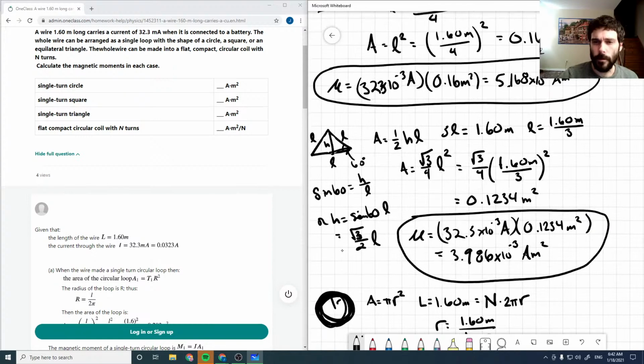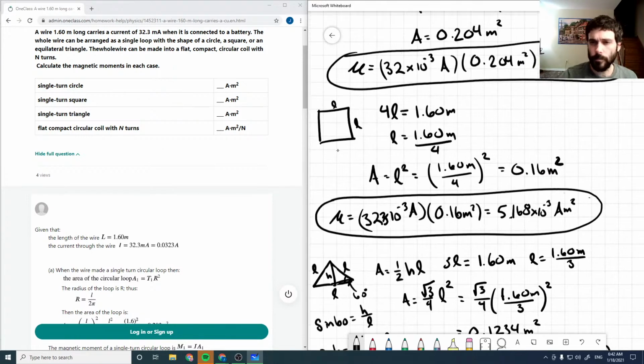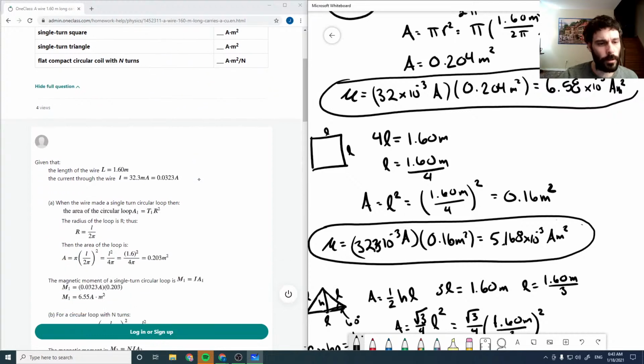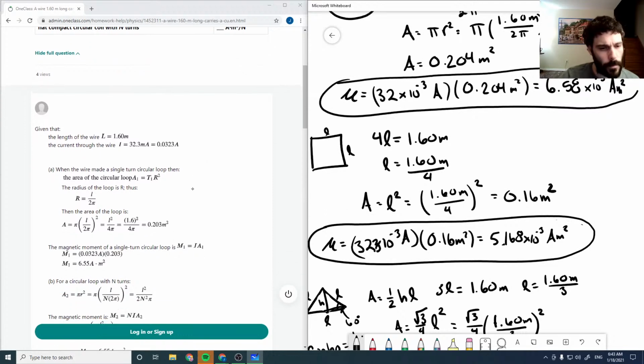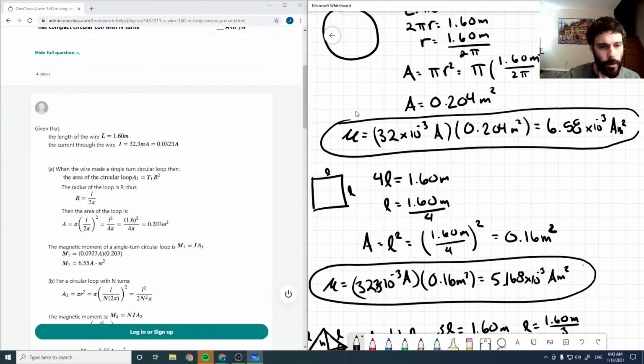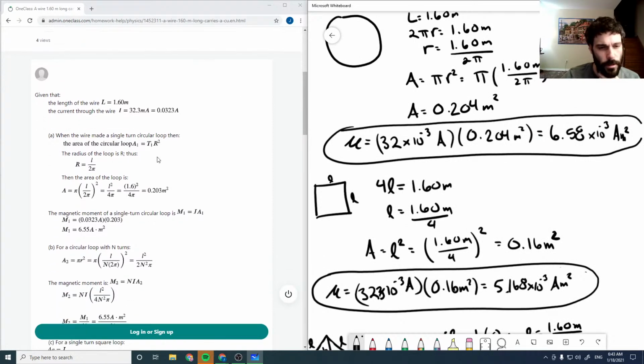All right, so if we scroll up here and check the solution with what was given. When the wire is a circular loop, we get an area of 0.203, 204, so that's just rounding differences. Our magnetic moment looks like they're missing a 10 to the minus 3, but that's okay.